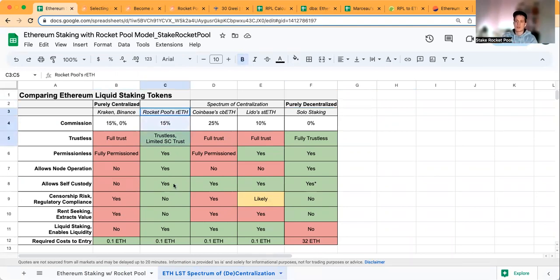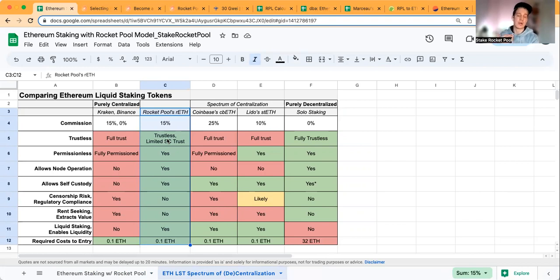You can see that Rocket Pool has a unique position here where it's truly all green because it is also trustless. Solo staking is fully trustless. You're just operating yourself with the smart contracts and the beacon chain. Whereas with Rocket Pool, you're operating with smart contracts that operate with the beacon chain.